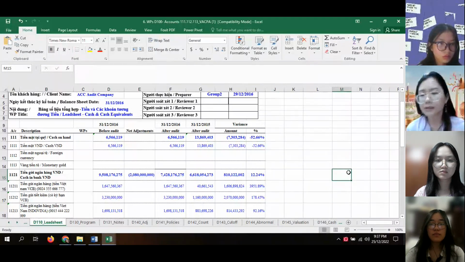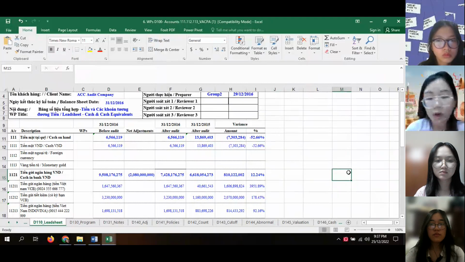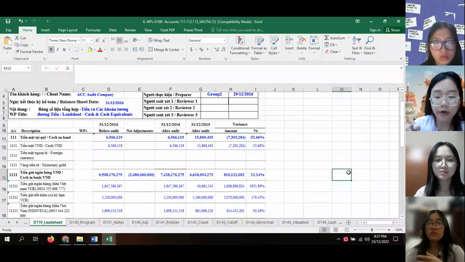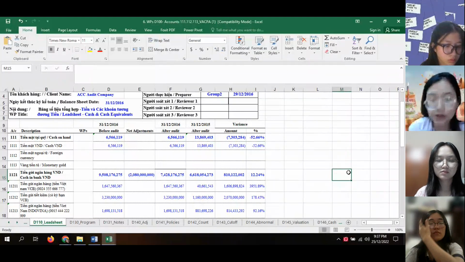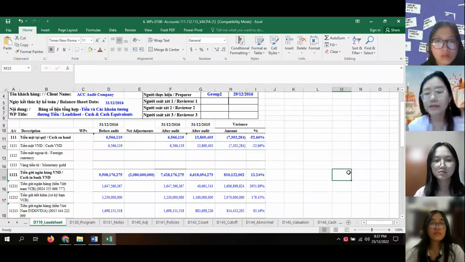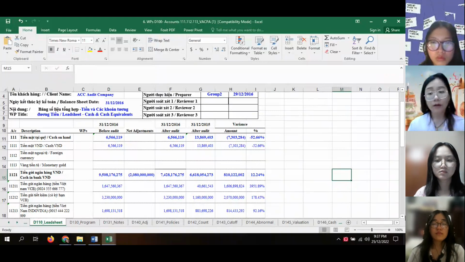But why the percent variance? Because we also have a tolerable error threshold for each transaction or each account. Maybe the percent is really high, but the amount is, for example, 2 million while the threshold is 3 million.